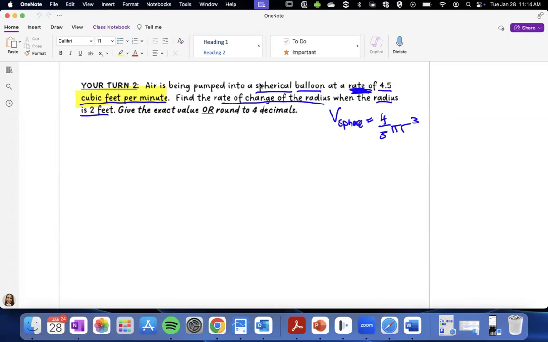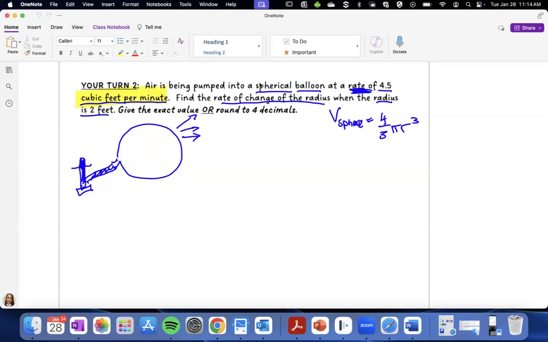Okay, so I have a balloon. I am pumping air into it, and it's expanding at a rate of 4.5 cubic feet per minute.